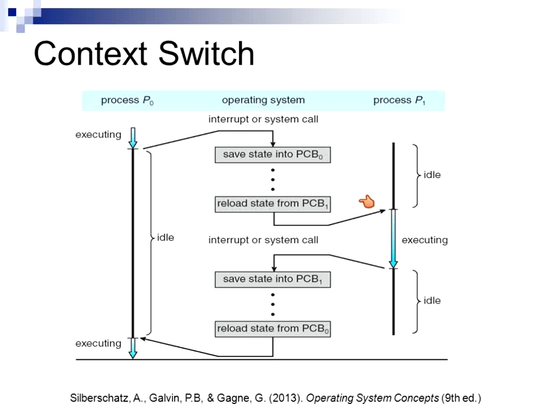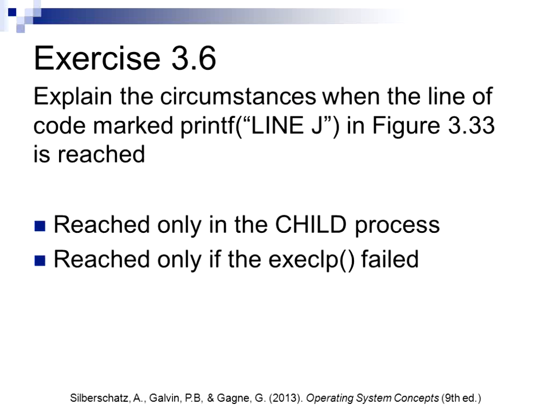There are some other things that you could have included, but the important thing was understanding that the first thing it has to do is save whatever information it needs to in the PCB for the first process that was running, and then reload the information of the new process. I think most of you did pretty well on that, at least the ones that I've looked at so far. Are there any questions on that?